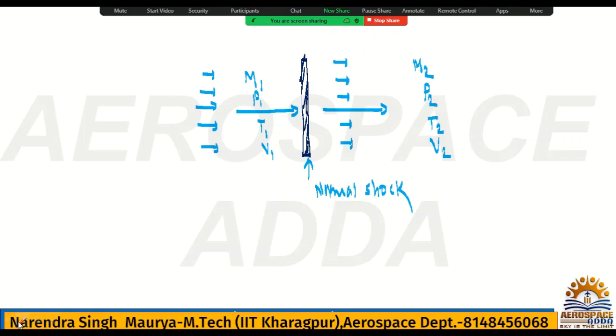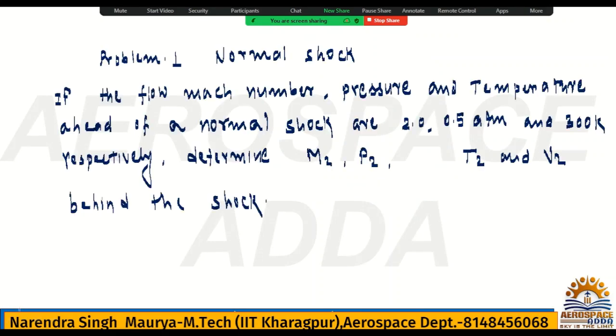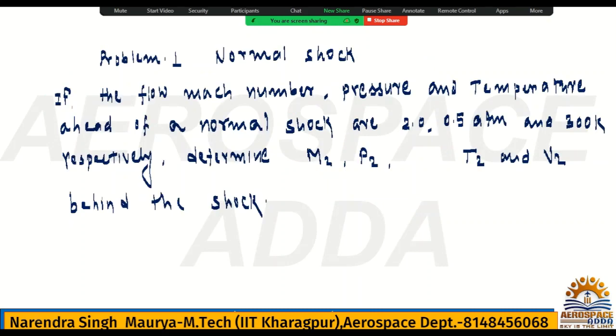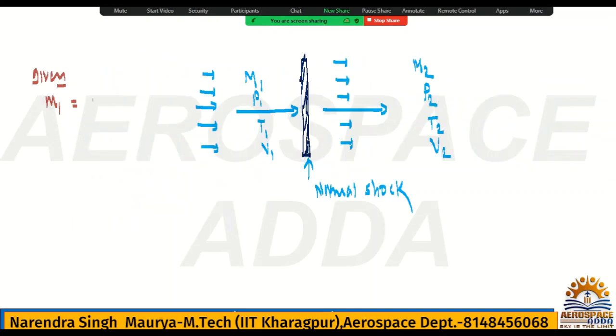So here you can check the given data. Let me write here better. Given ahead value, that's the Mach number ahead of a normal shock, that value they have given 2.0, means M1 is given. 0.5 atm, which is nothing but P1.